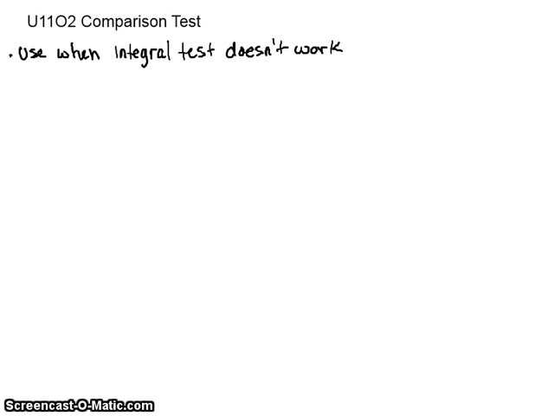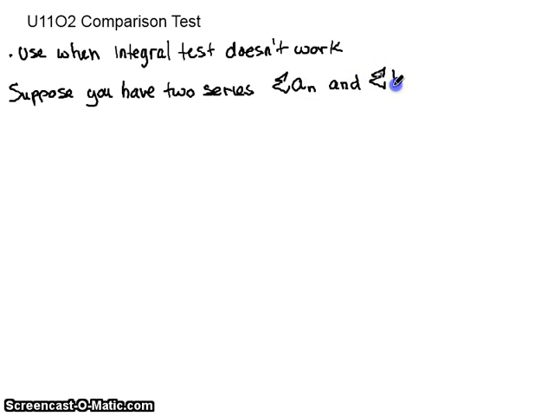So let's go ahead and write what the comparison test is, what it means, and how we use it. So it says, suppose you have two series. First series we'll say is the sum of a sub n, and the second one we'll say is the sum of b sub n.